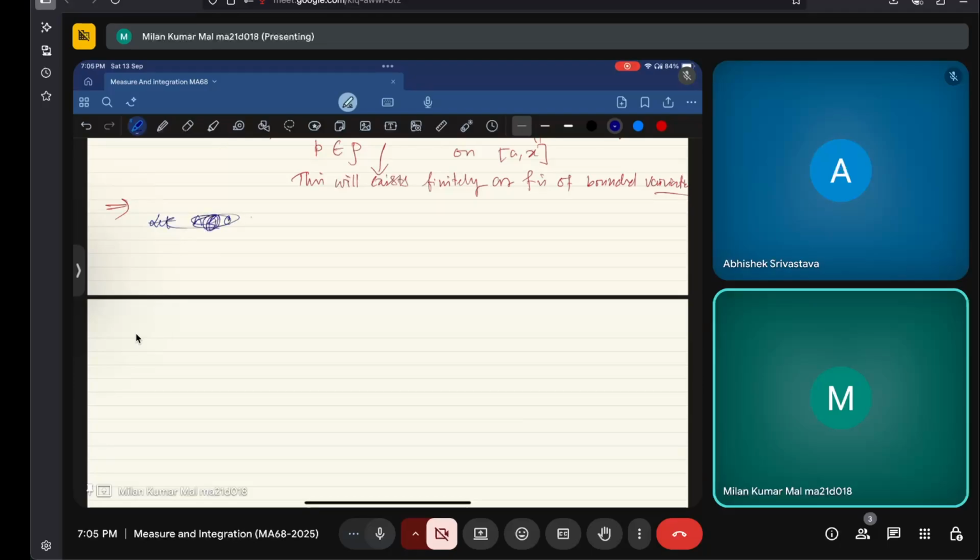Note that if c equals a or c equals b, in that case the above equality holds.